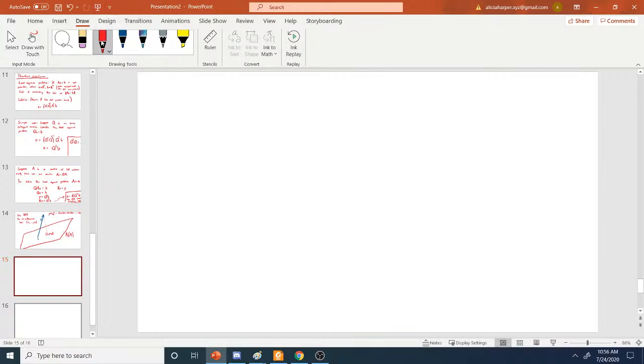So the final question I want to ask, and it's more rhetorical than anything else, is why else are orthogonal bases important? Here is an amazing fact.